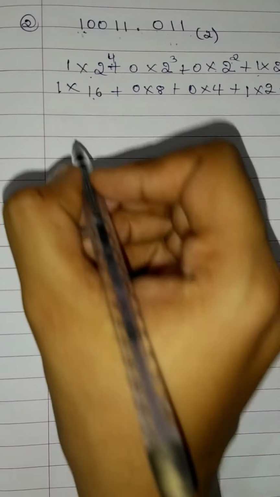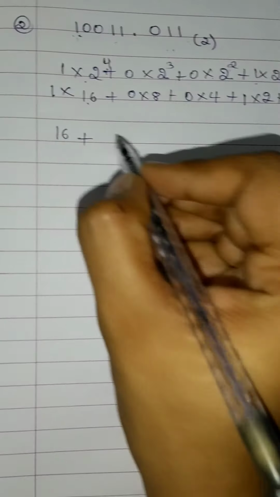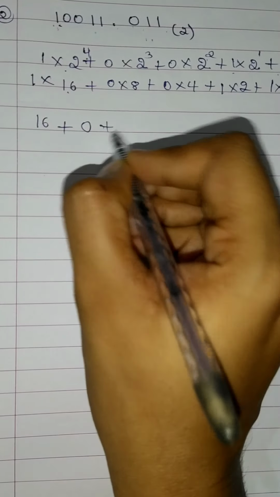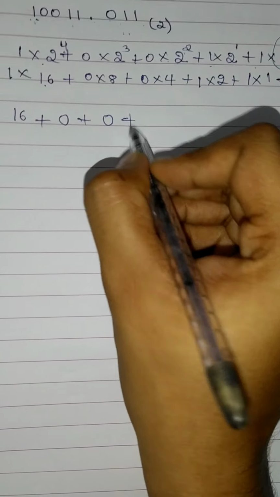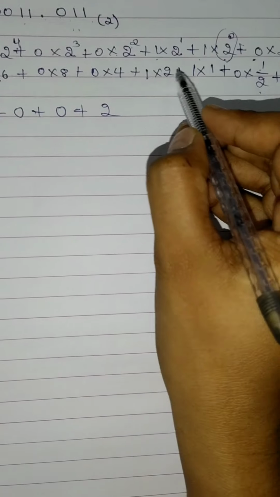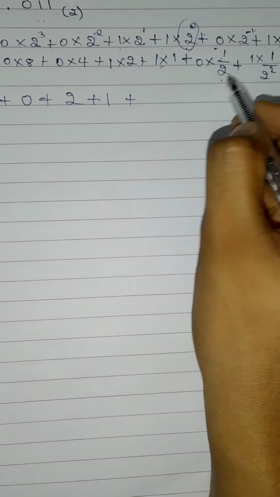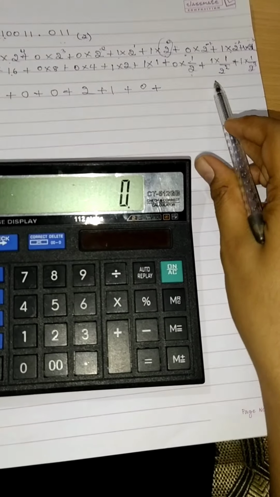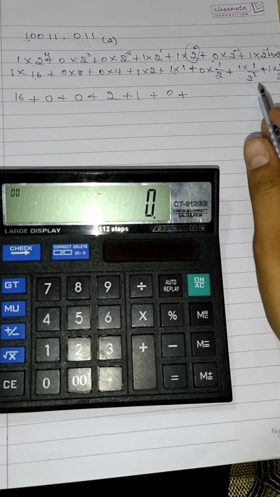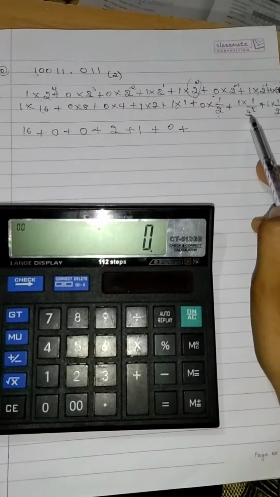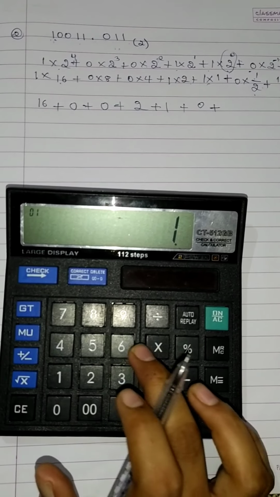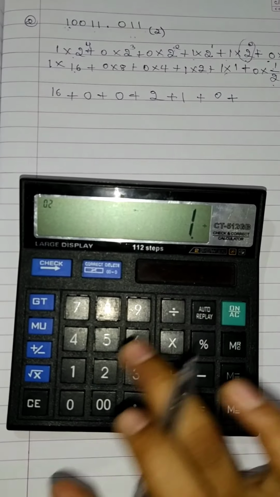Okay, 1 into 16 is nothing but 16 plus 0 into any number is 0, plus 1 into 2 is 2, then 1 ones are 1. Okay, so any number with 0 is 0. So in this case, 1 into 1 divided by 2 power 2 is nothing but 1 divided by 4.